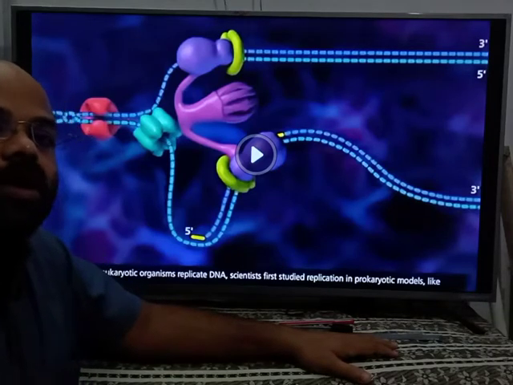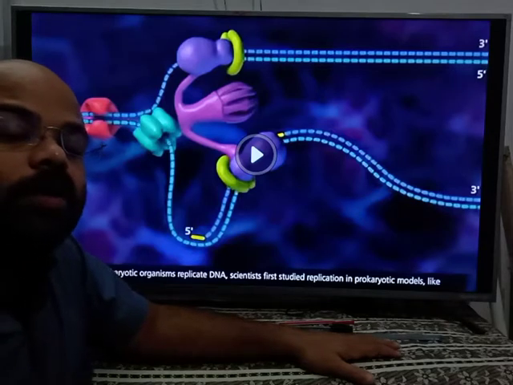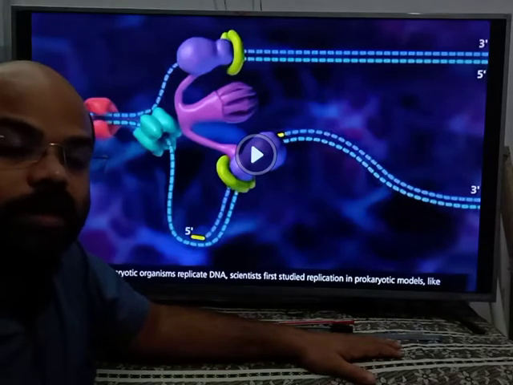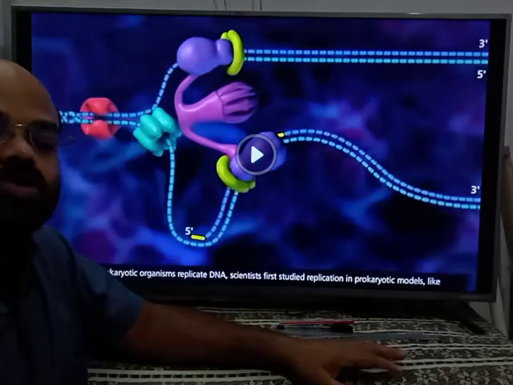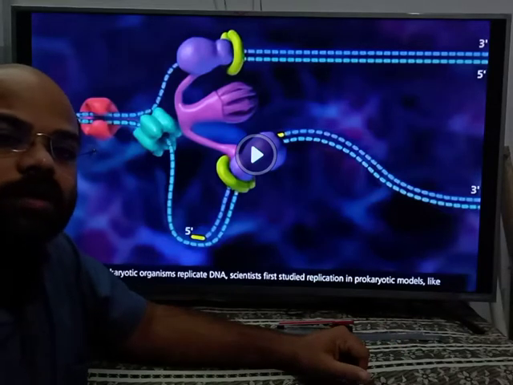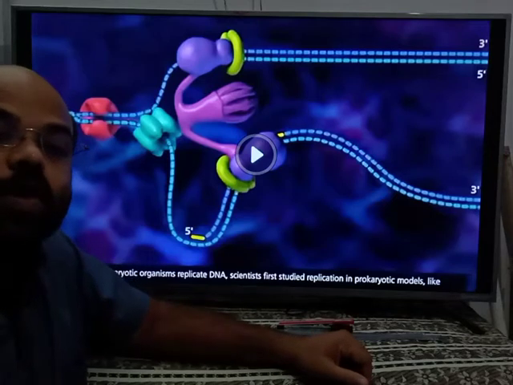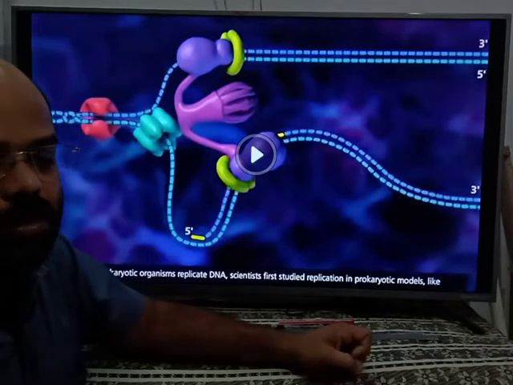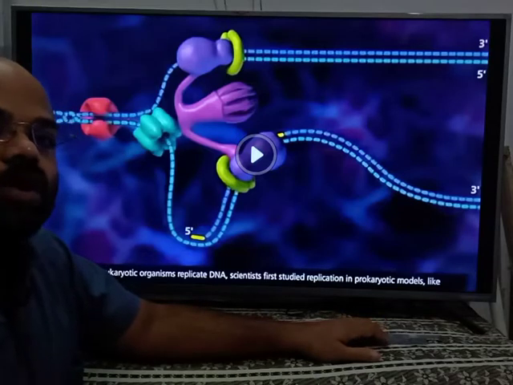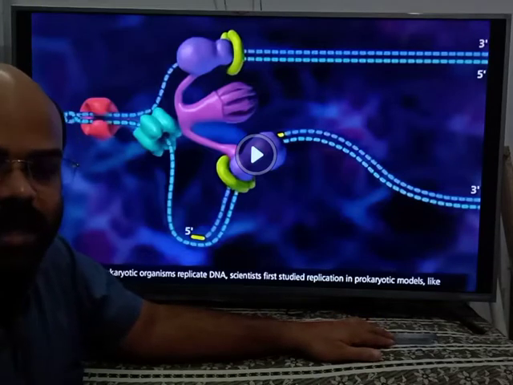Write it in your notes and in the printed material I have given: topoisomerase, in bracket write gyrase, also called DNA gyrase. So topoisomerase is also called DNA gyrase.